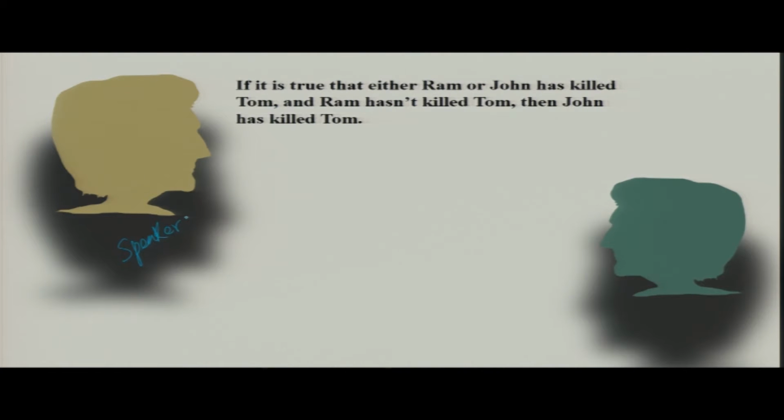So suppose the speaker says to the hearer that if it is true that either Ram or John has killed Tom and Ram has not killed Tom, then John has killed Tom. Now without looking at the world, without looking at anything, the hearer knows that this must be true.